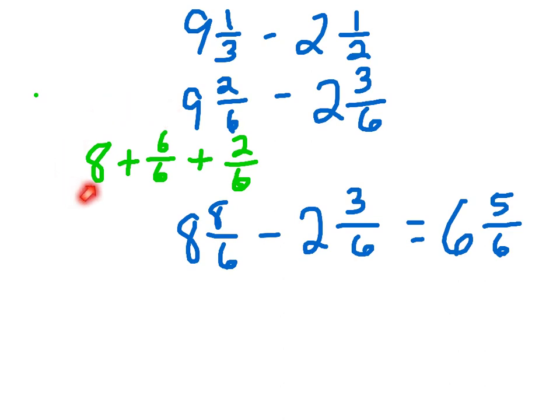So here's 8 plus 1. 6 over 6 would be 1. And then there's that 2/6. Our whole number 8 goes down here. 6 plus 2 is 8. Our 6 is the common denominator, so that would stay the same. And I find this method just to be a lot easier to deal with than making improper fractions.